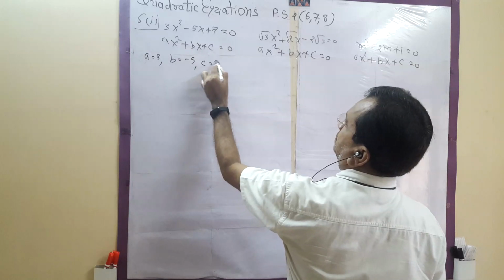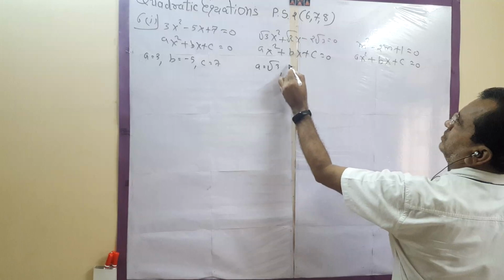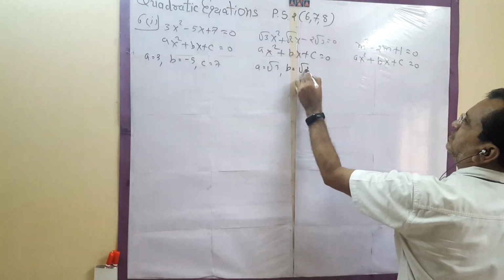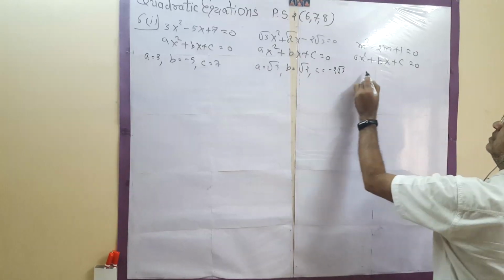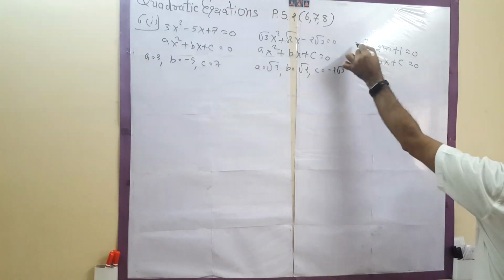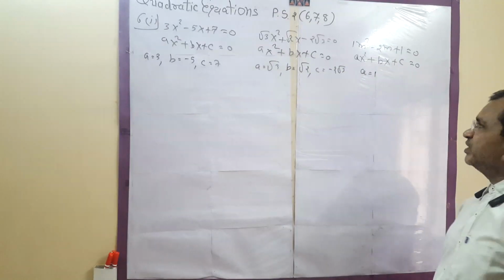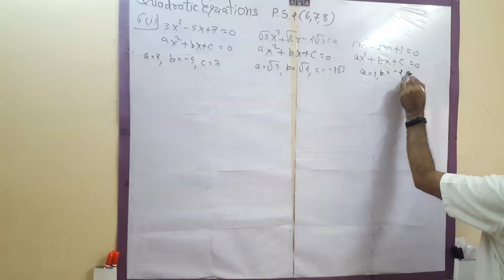What is c? Again compare. What is a? What is b? What is c? For the third, what is a? Nothing is given, so you have to consider 1. What is b? What is c?